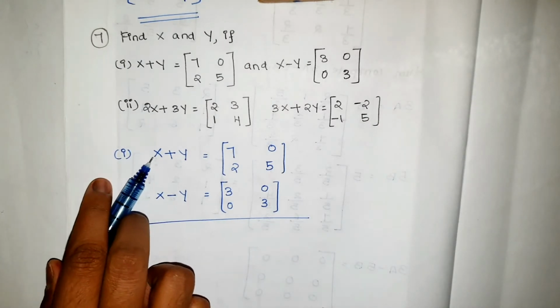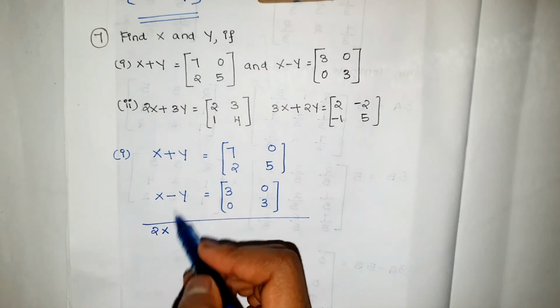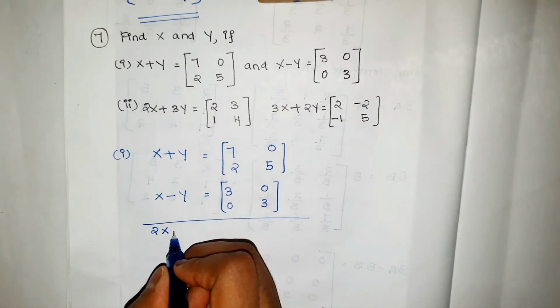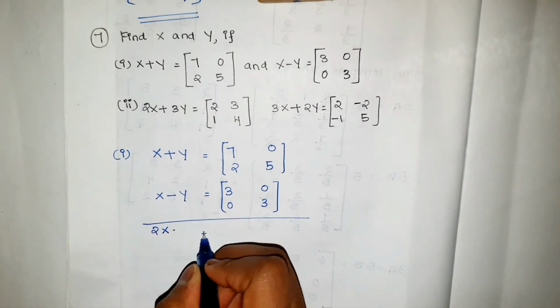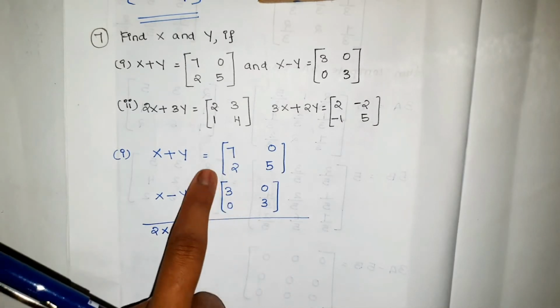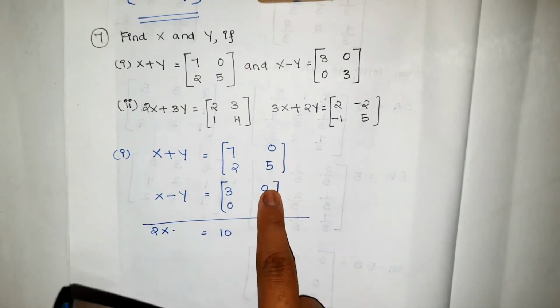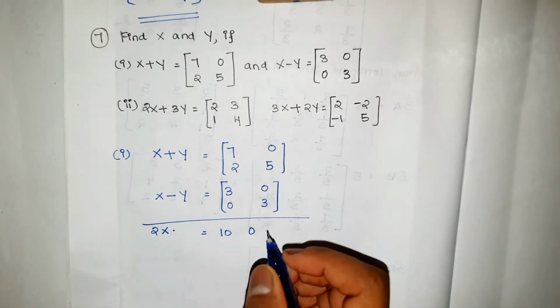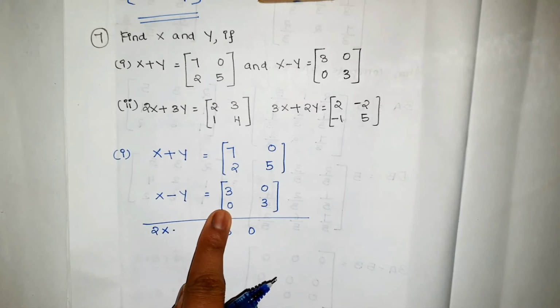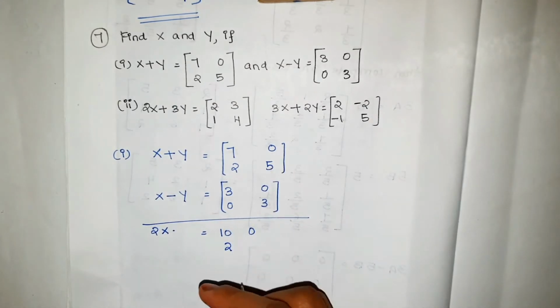Here x and x is 2x. The y terms got cancelled. So plus 0, that is equal to, I am going to add each and every element of these two matrices. 7 plus 3, 10. 0 and 0, 0. 2 plus 0, that is 2. 5 plus 3, 8.